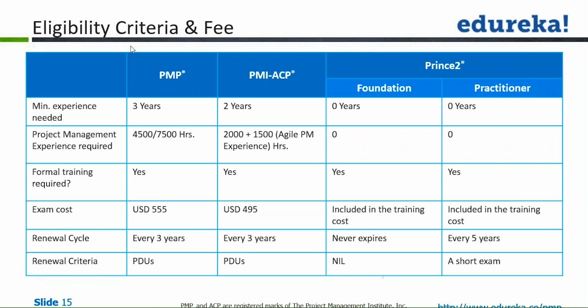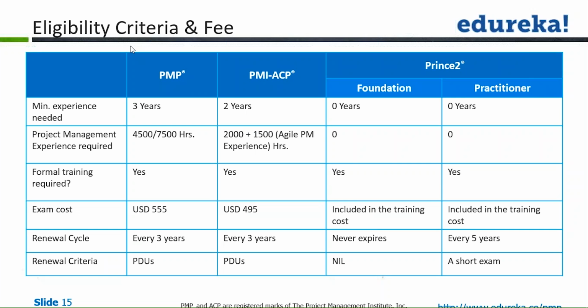If you go to the Edureka website and to the Prince2 Foundation and Practitioner page, you will see the training cost. The price that you see of the training will include the cost of examination. You need not pay anything over and above that.